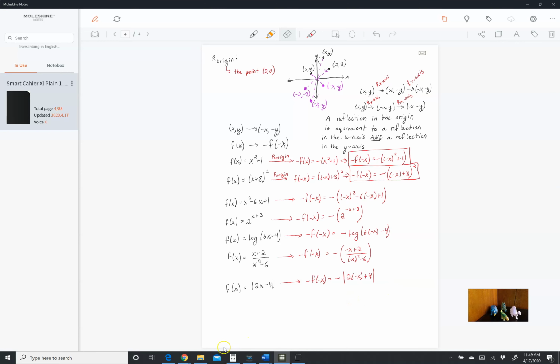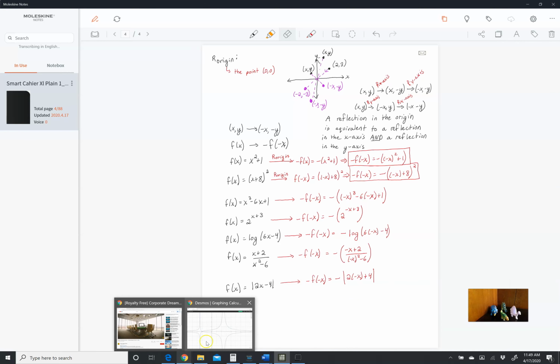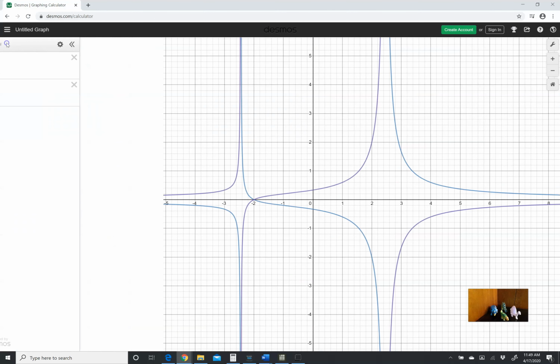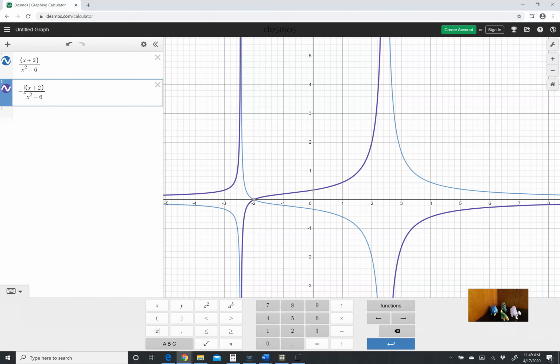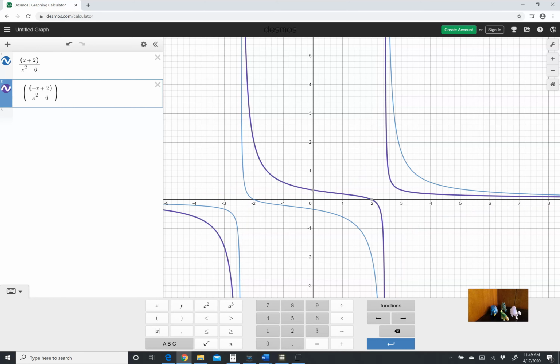Okay. So let's just take a look at some of these. Let's take this one, right? Because it's here. So we're doing 2 things. This is our reflection, but now we're going to replace our x's with negative x's as well.